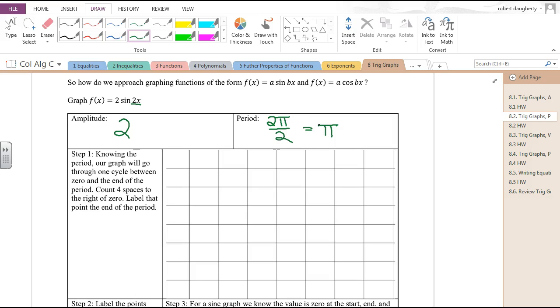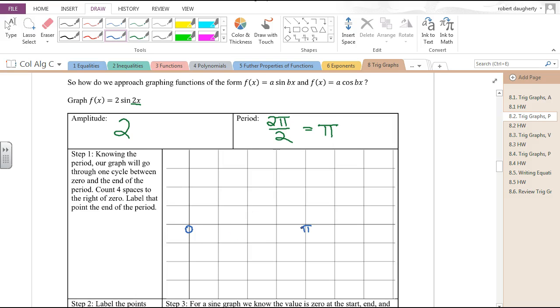You'll notice I've stopped labeling the graphs because you're going to have to label these at this point. This is 0. The easiest way to do this is just to count 4 spaces: 1, 2, 3, 4, and write down pi. Why did I do that? That's the end of the period, okay? So from 0 to pi, this is going to go through 1 revolution. What is exactly halfway between 0 and pi?